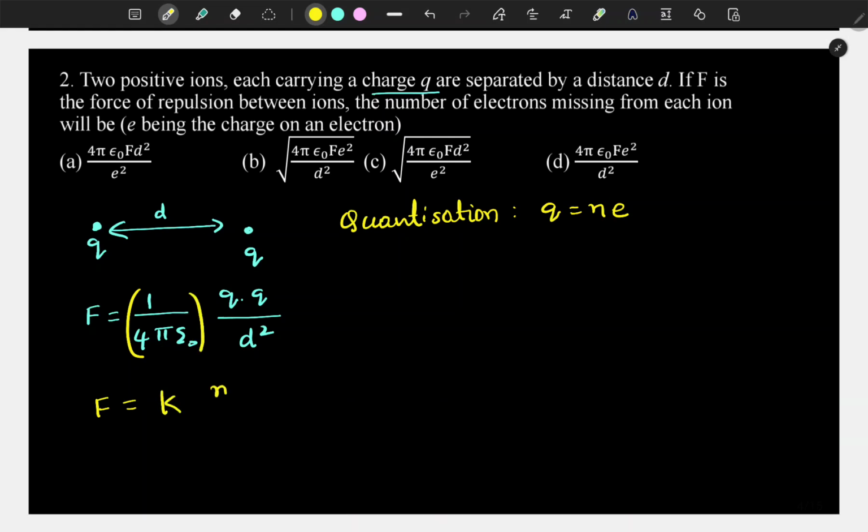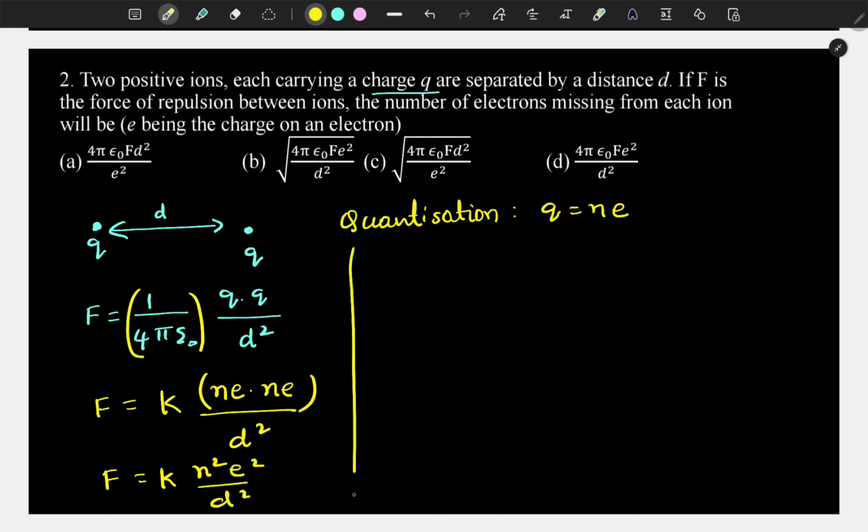So q is ne, another q is ne, divided by d square. So we need to find out the n value. F is equal to k n square e square divided by d square. Therefore n square is equal to F into d square divided by k into e square.